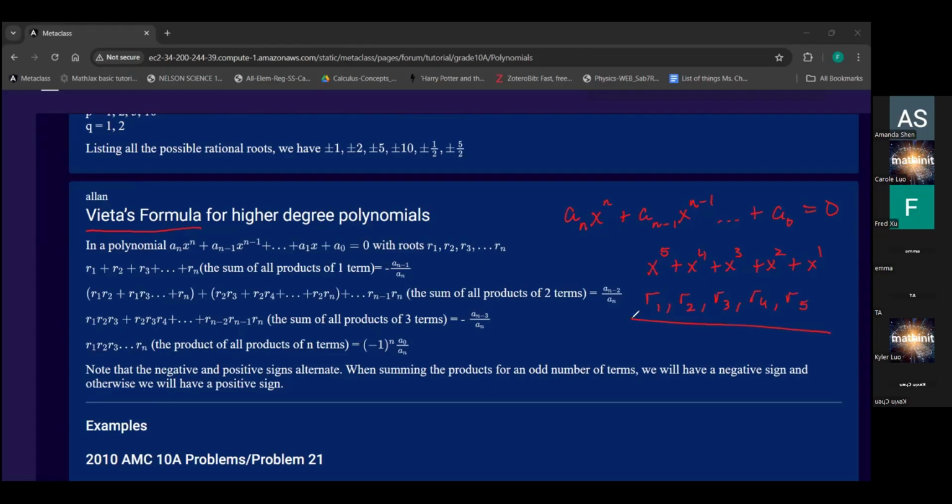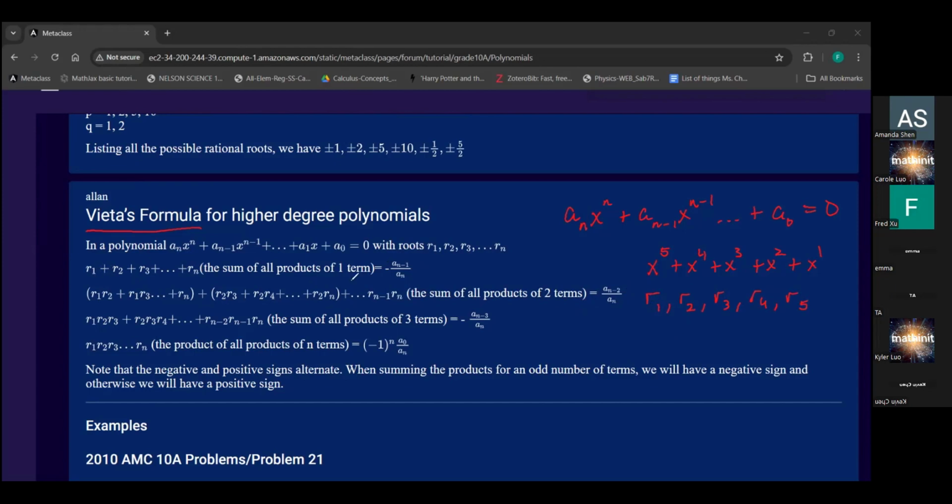So basically there are 5 roots. The number of roots is equal to the highest degree. So basically the degree of the leading term. And with this, we have this. So let's just take this one.